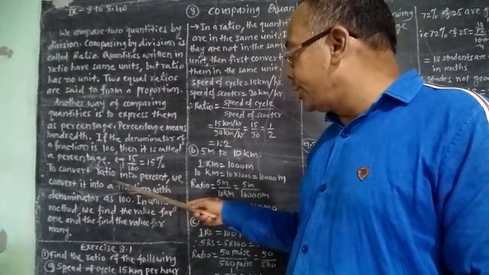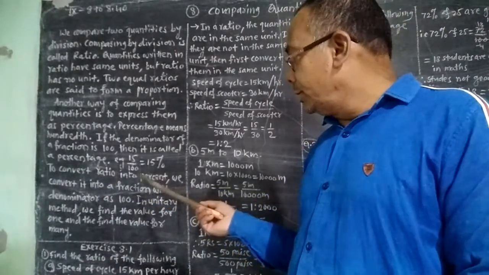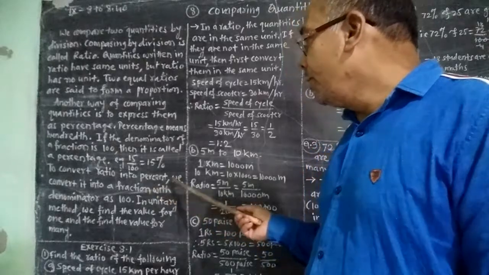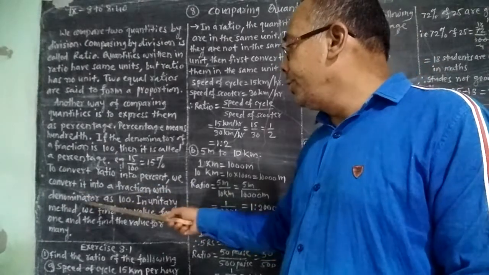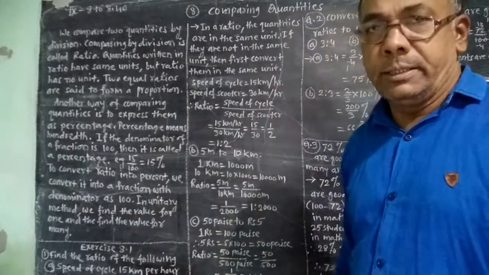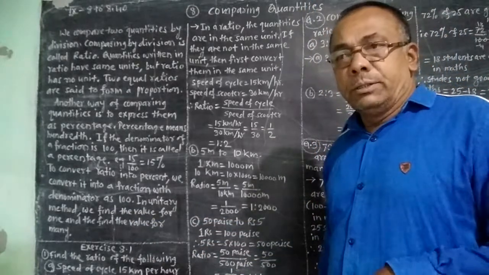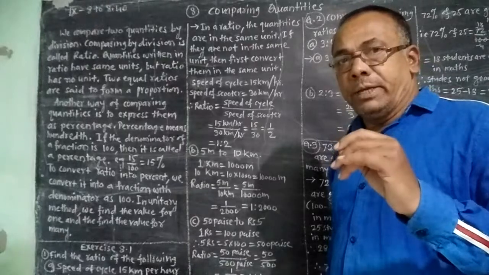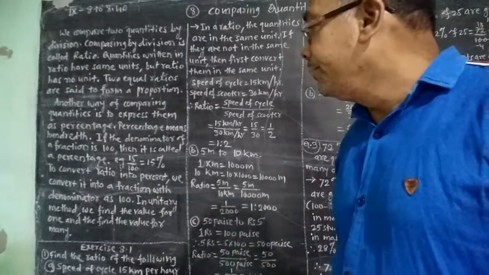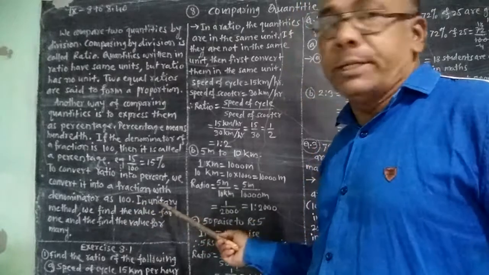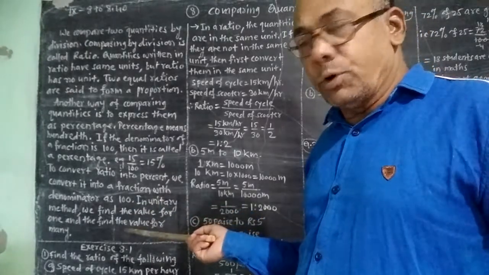To convert a ratio into a percentage, we convert it into a fraction with denominator 100. The unitary method is also a method of comparison of two quantities.